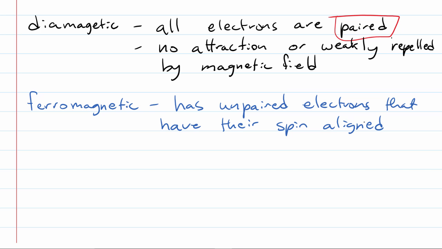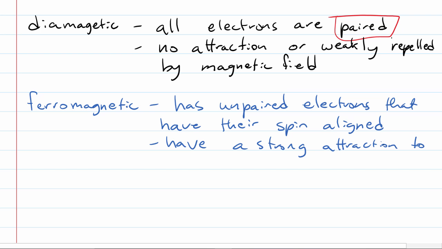Ferrum is the Latin name for iron, and it is the property that corresponds to what we observe with iron. When we have ferromagnetism, these substances have a strong attraction to a magnetic field. So that's a new piece we add on here today to the different types of magnetism.